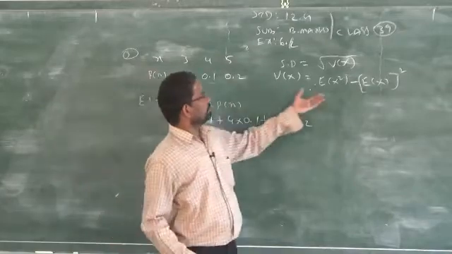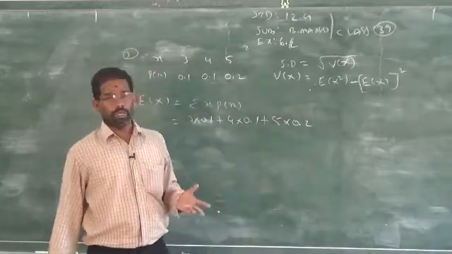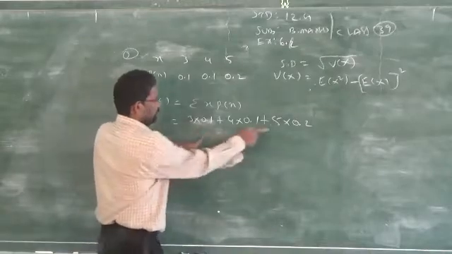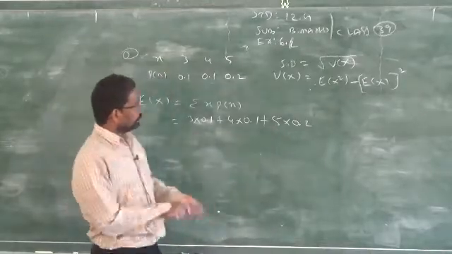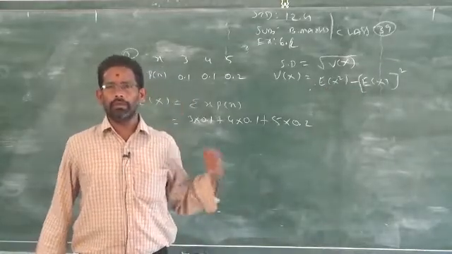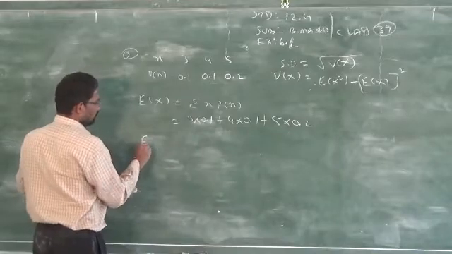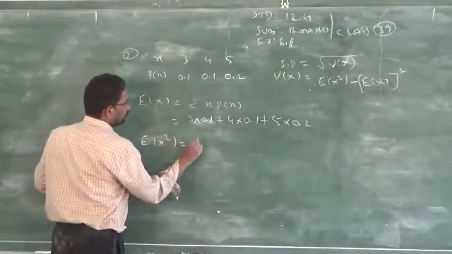So E of x, this is the method. Next I have to find out E of x square. Already I wrote the general formula for E of x power r. Depends upon the r, you have to change. Now E of x square is equal to, what is the formula?